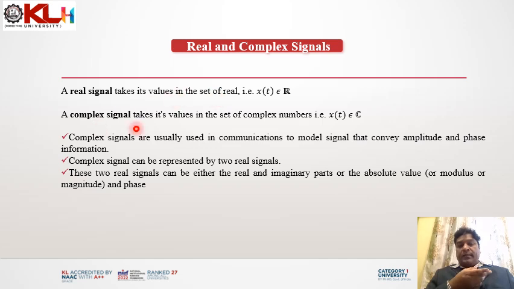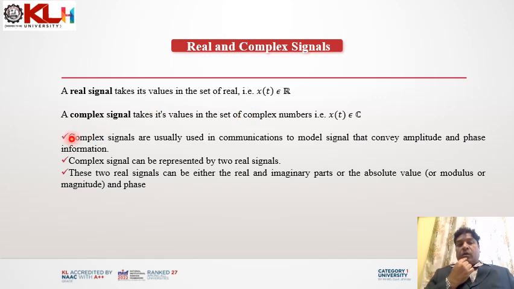A complex signal takes values from the set of complex numbers, for example 2 plus 3j or 5 plus 6j, where j is the square root of minus 1.